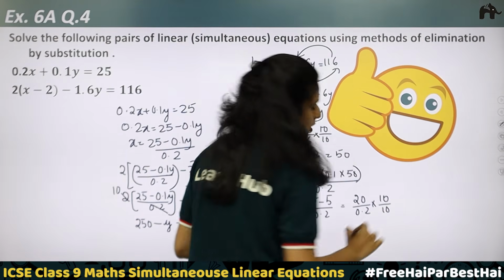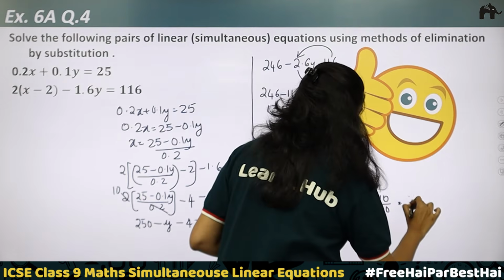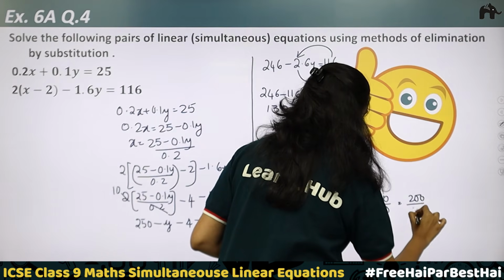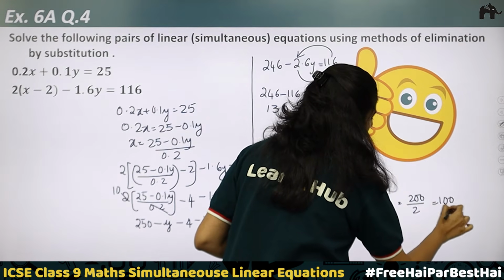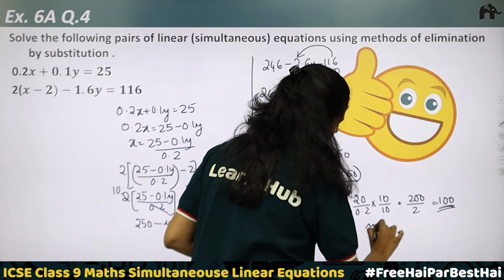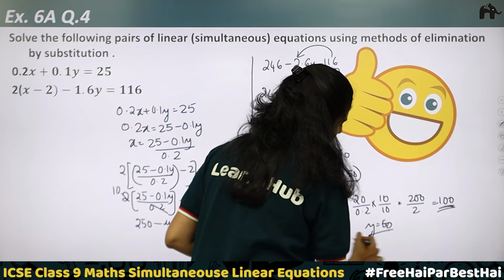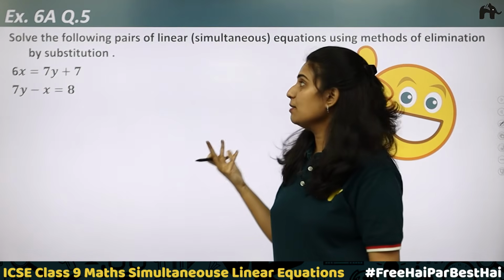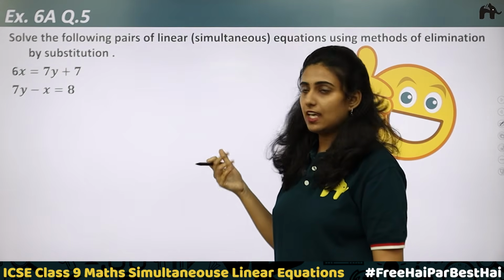Multiplying numerator and denominator with 10, you get 200 divided by 2, which is equal to 100. So x is equal to 100 and y is equal to 50. Clear?